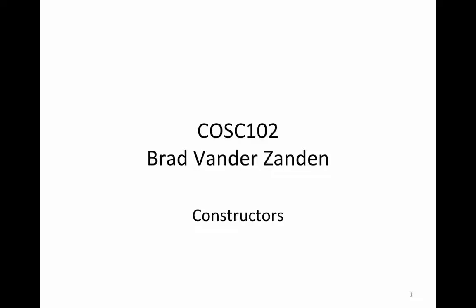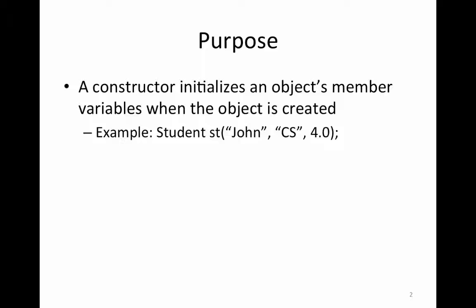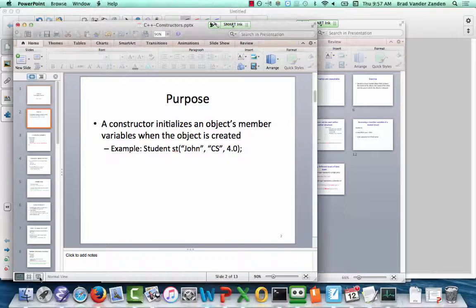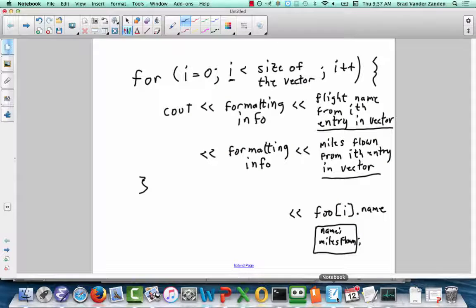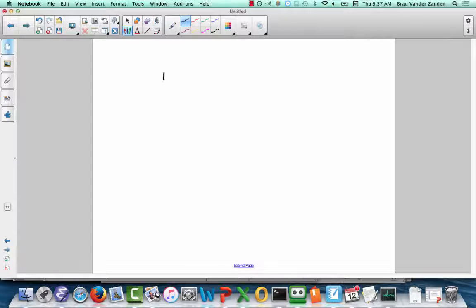So a big thing is that when you declare a struct variable, you may want to initialize it. Up to now, you've seen different ways to initialize things. With what we call primitive types, like int, you could say int miles equals 10.